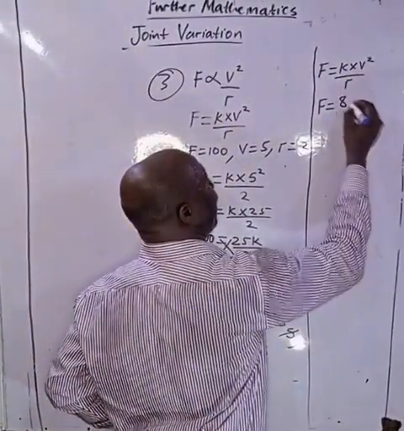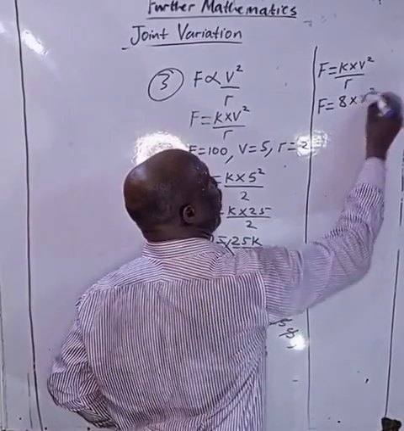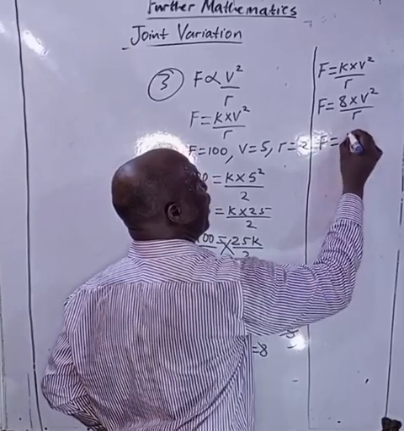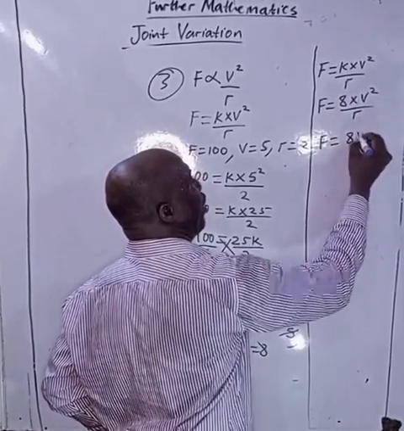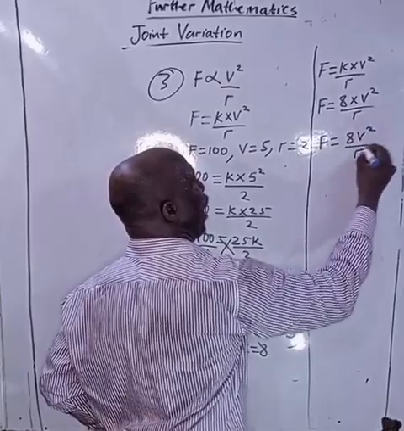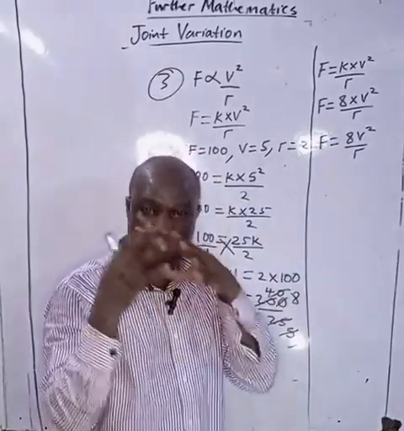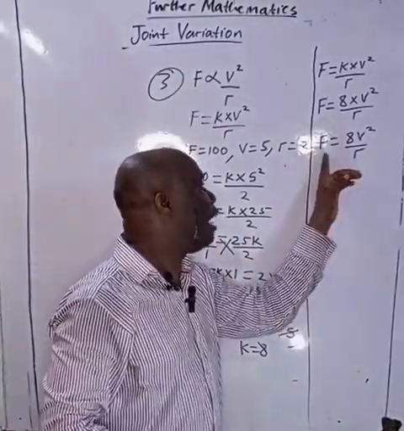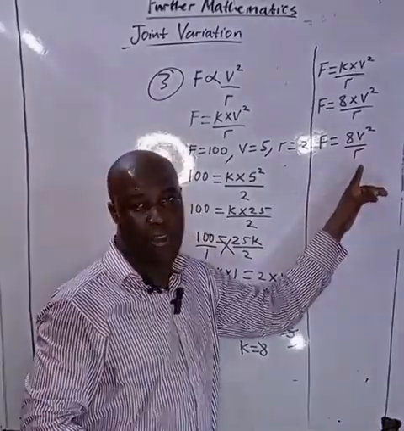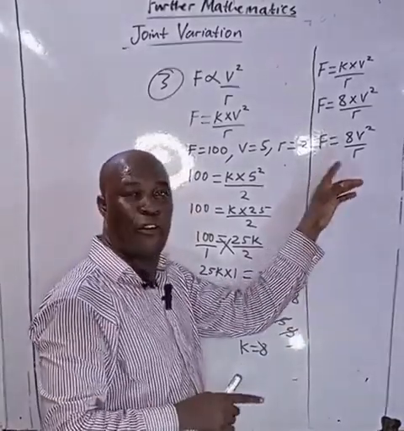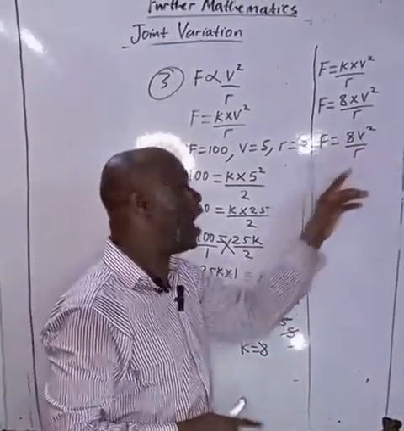So we have F equal to 8 multiplied by V squared over R. This is what we call the equation of relationship between F, V, and R, or the law connecting F, V, and R.